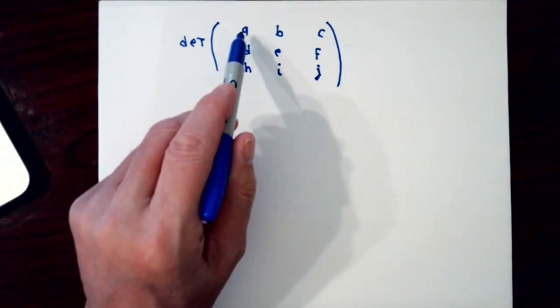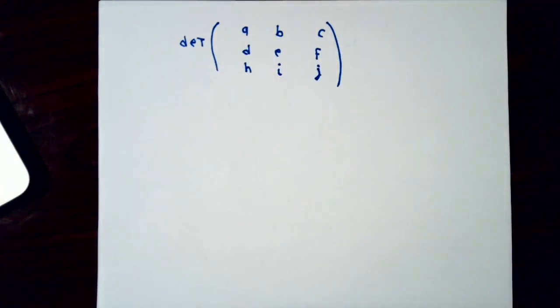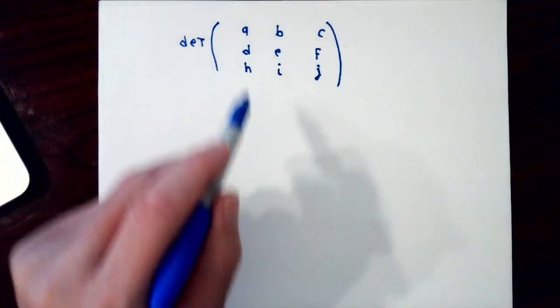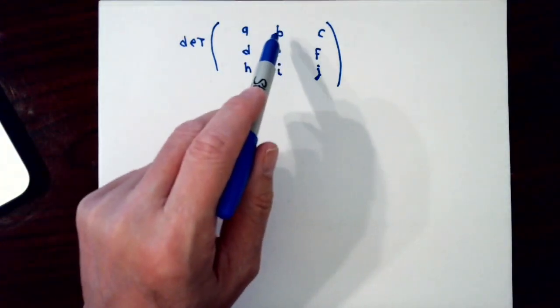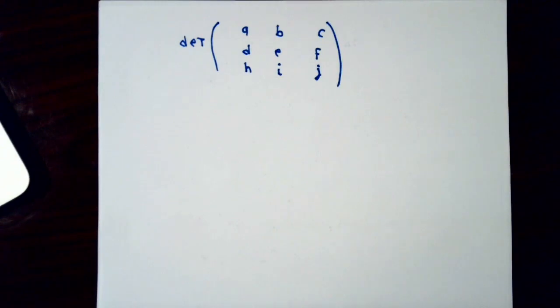We're going to travel across the first row in the table, A, B, C, and as we do so, for each such number, I'm going to imagine deleting the row and column that contains the A, or the B, or the C, and writing down the smaller determinant that results. I'll take that smaller determinant and multiply it by the A, or B, or C, and then in a pattern that's very similar to the table method from integration by parts, the signs will alternate back and forth.